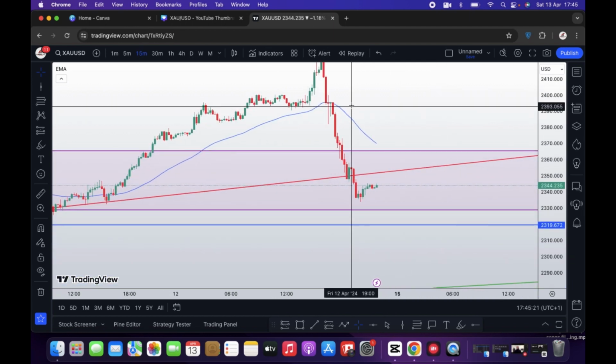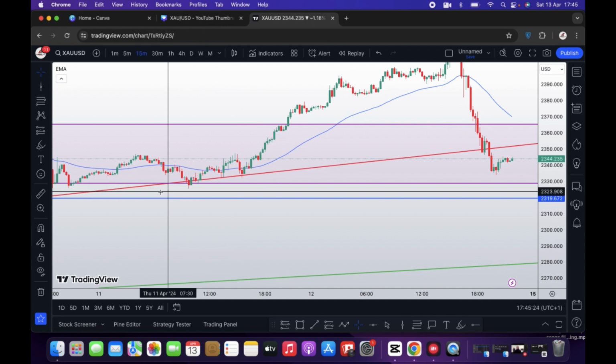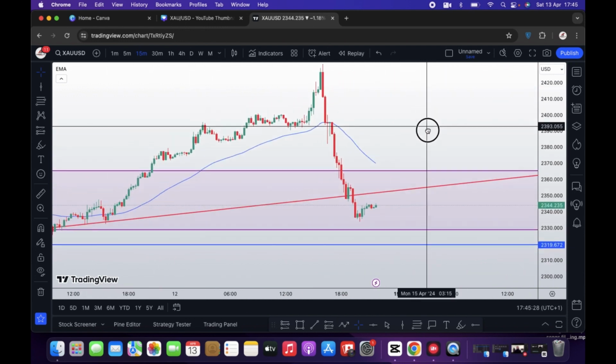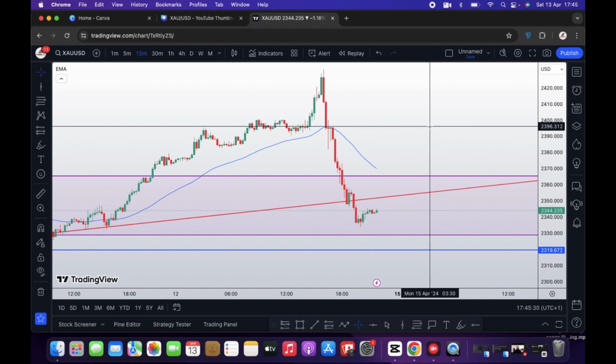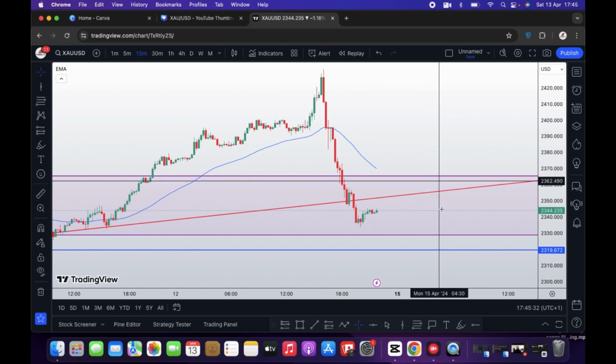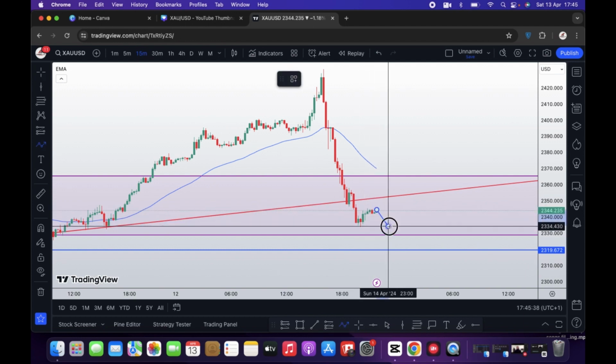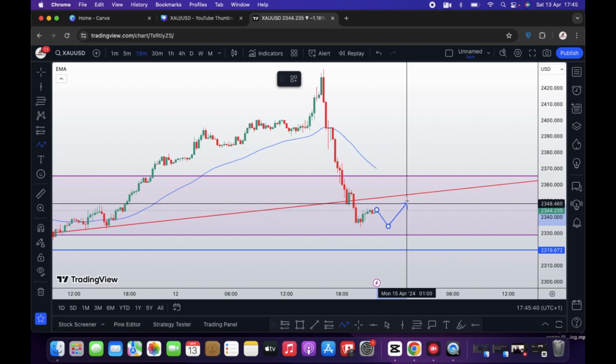And whatever made this go keep dropping and take out this low, the buy, the uptrend I'm looking for is no longer valid. So I don't know whether gold will do something like this on Monday morning. So give me a second. I don't know whether I might see another low here, then come out to take out this high, then retest.